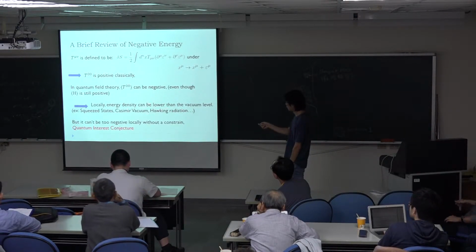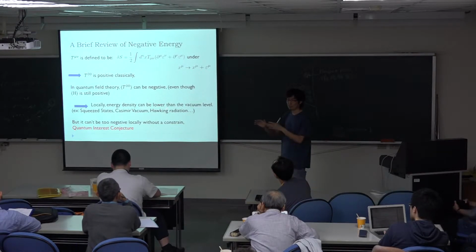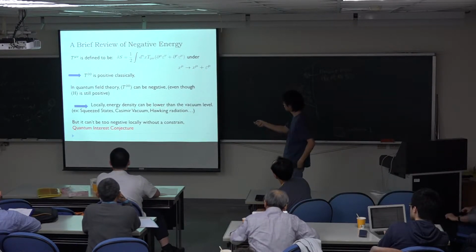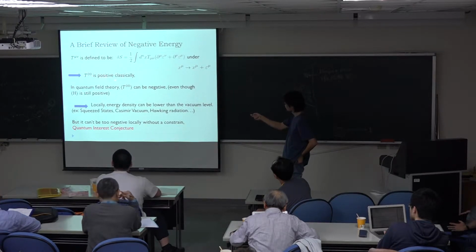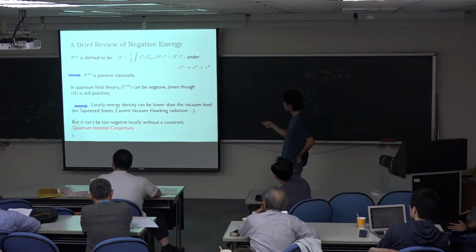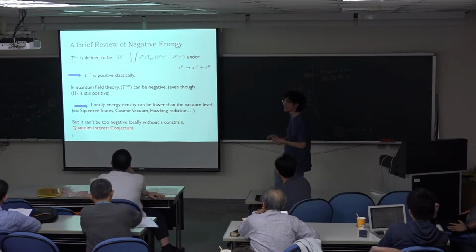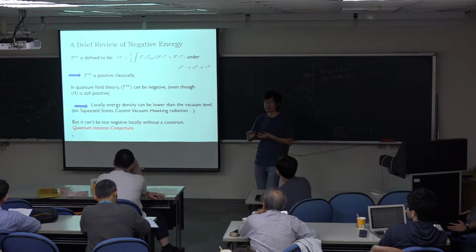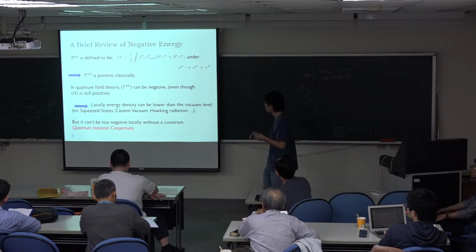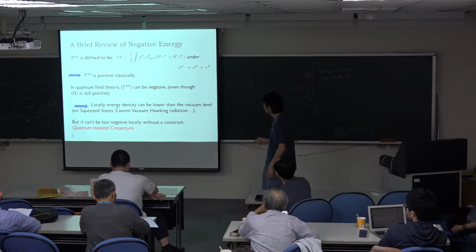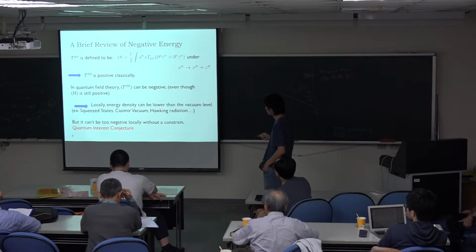So even though the quantum negative energy breaks the local energy conditions, for example, the classical local energy condition is broken in quantum field theory, fortunately they still satisfy some average energy condition. That means if you integrate over some space-time region, you still get a positive result.